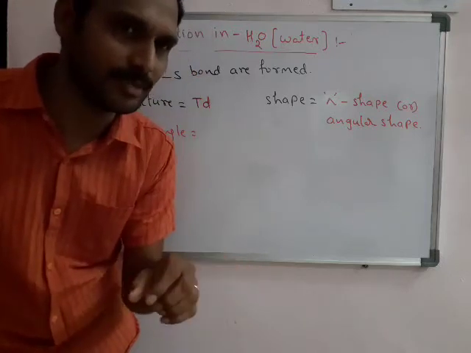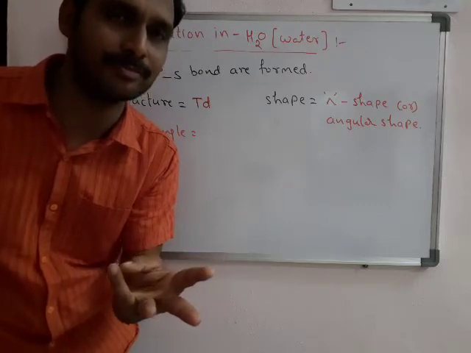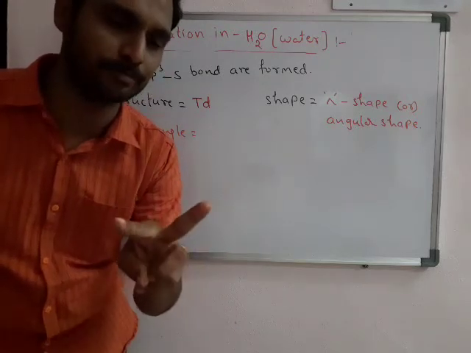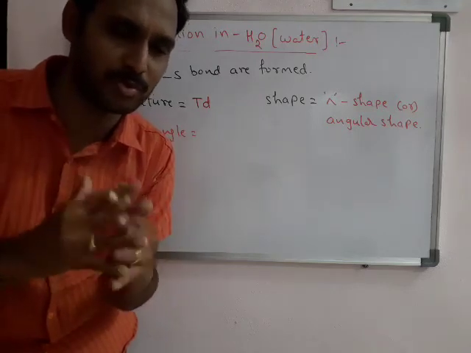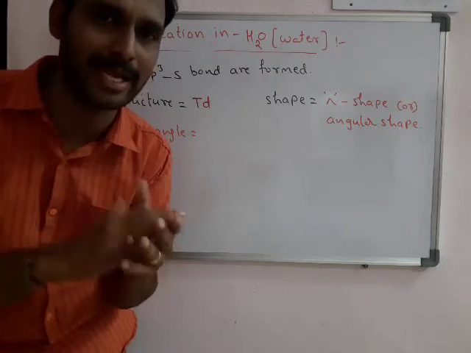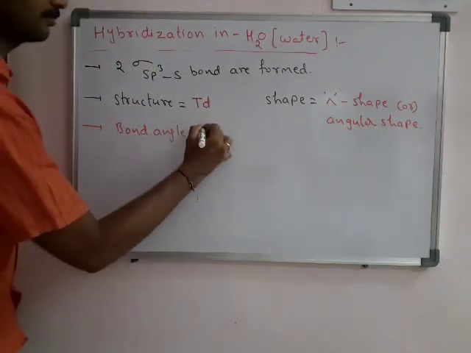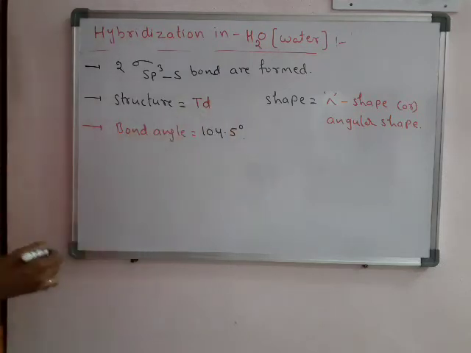But here only two bonds are present. The remaining sp3s have lone pairs of electrons. Bond angle means the angle between two adjacent bonds. So what is the bond angle observed? It is 104.5 degrees in water. Okay, this is about hybridization in water.